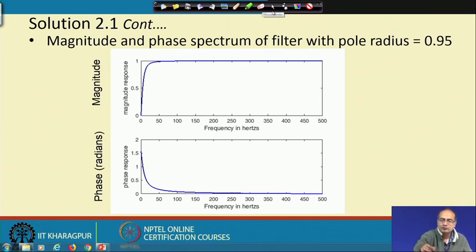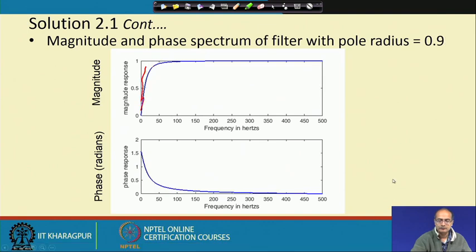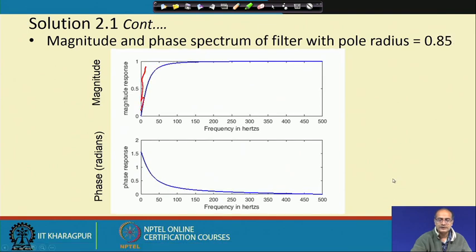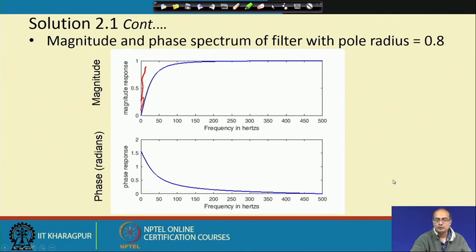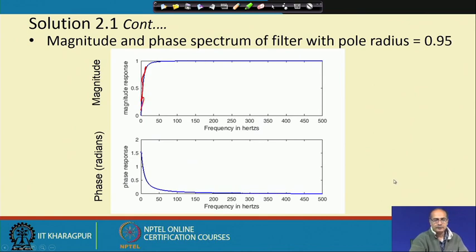To appreciate that, we can try to draw a line along with these, and we can move back. We see that when we take the pole more inside, towards 0, we are moving away from that and the sharpness is lost.